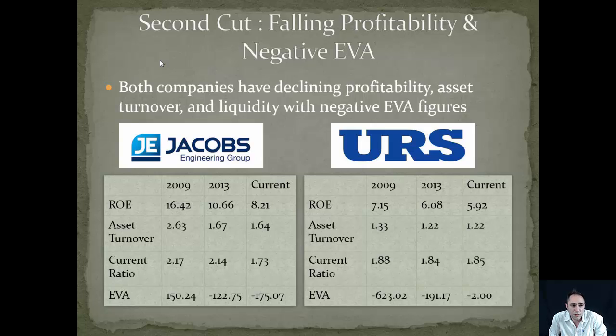When I looked at the EVA, I'm not necessarily fond of companies that have negative EVAs. However, when you put the other 3 factors that are declining, including a negative EVA, I had to eliminate these 2 companies.